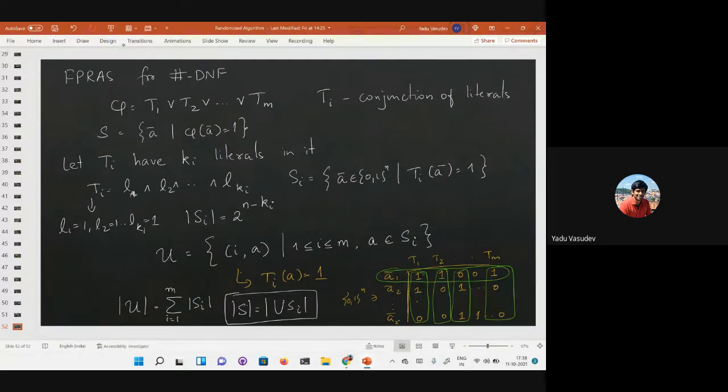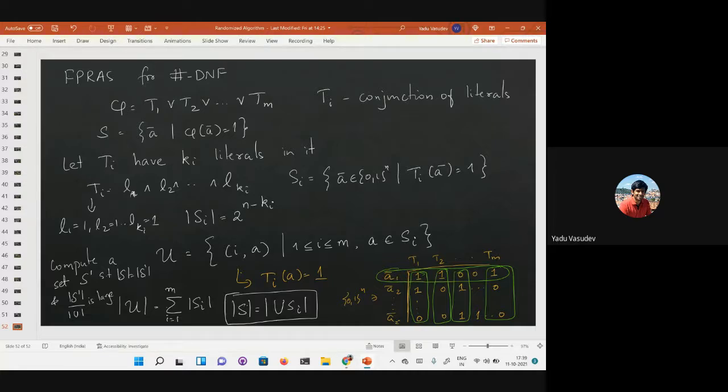So if this is the universe, we need to compute a set S prime such that the cardinality of S is the cardinality of S prime, and the ratio of the cardinality of S prime to the cardinality of U is large.